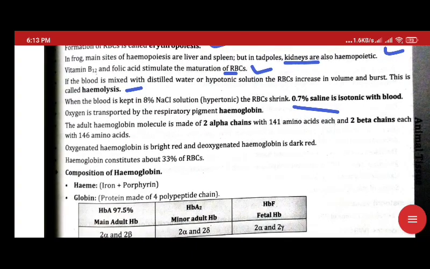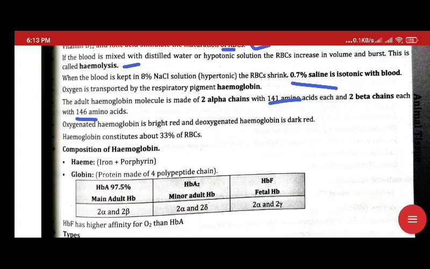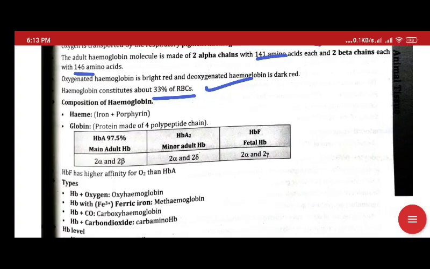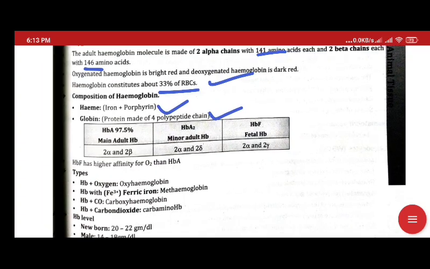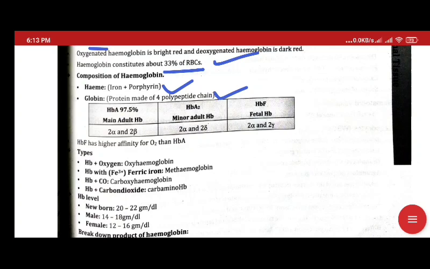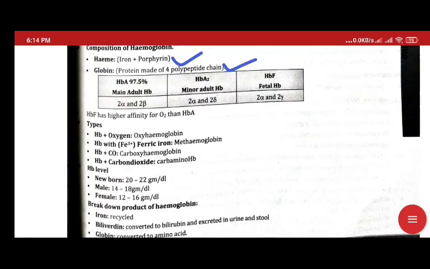We have two chains, 141 and 146 in hemoglobin, that cause what? Anemia. This is the chain related to anemia occurrence. Now we have 33% hemoglobin in RBC. Now composition: hemoglobin means heme is iron and globin is protein. That is 4 types. If we see RBC, then we have 4 protein chains and iron.